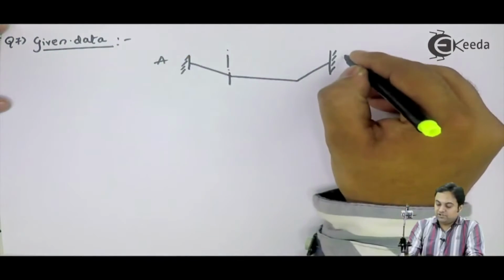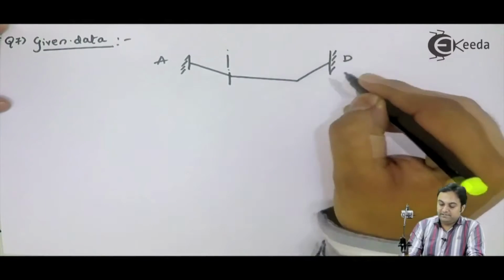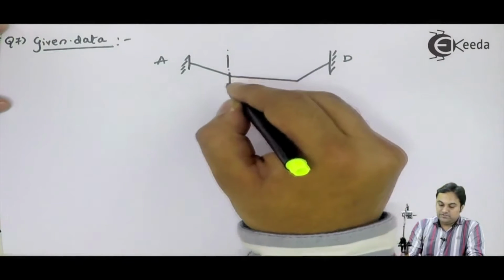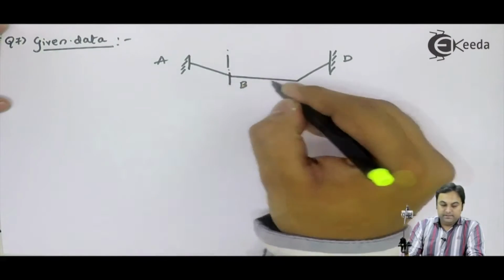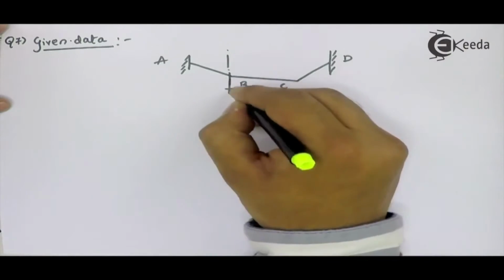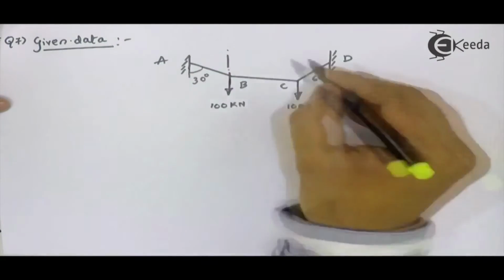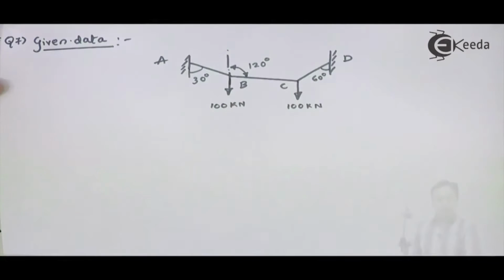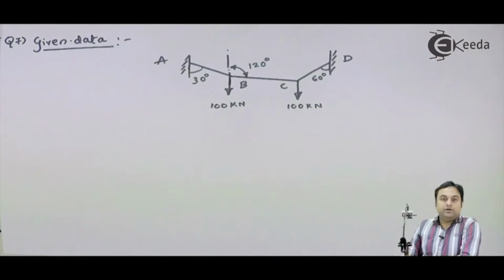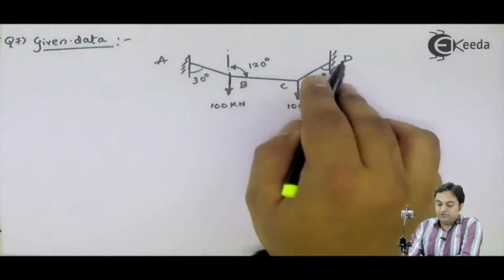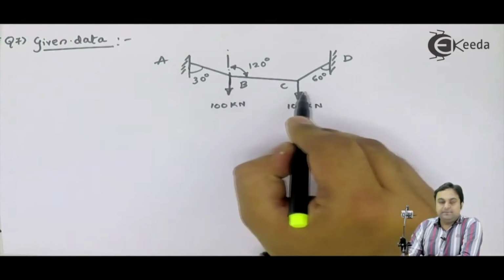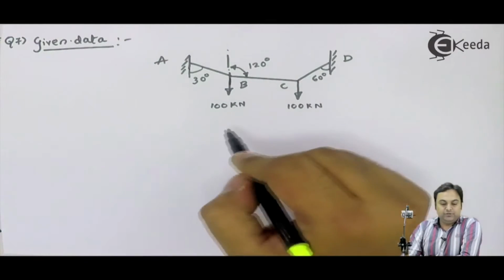Here we have a chain which is fixed at A and D. Load is being applied at B and C. Now, this is the diagram which is provided. Here a chain ABCD is attached at two fixed points A and D. Load is applied at B and C. Value is 100 kilonewton each.